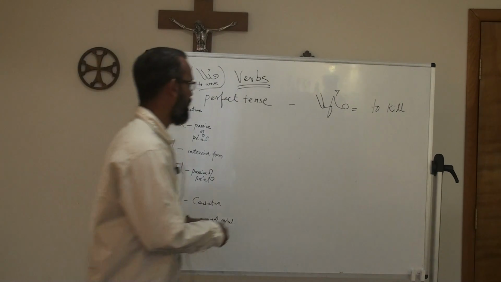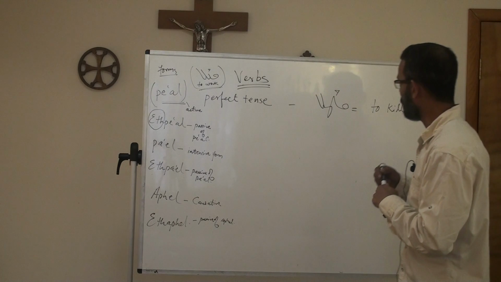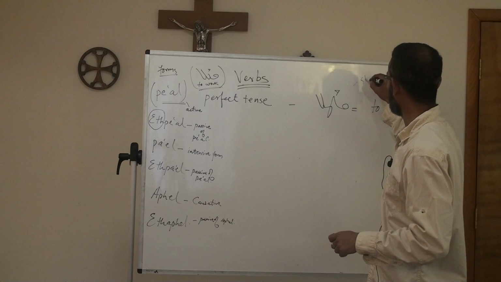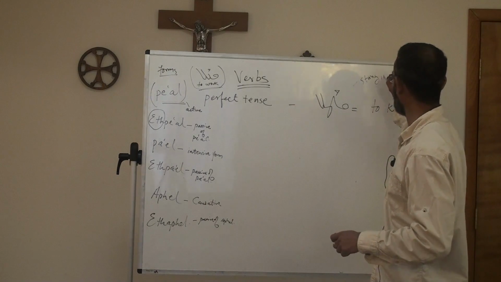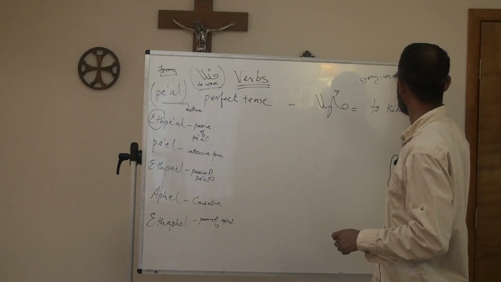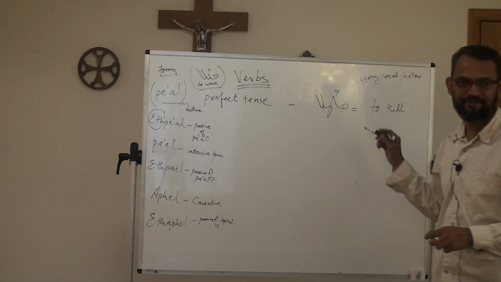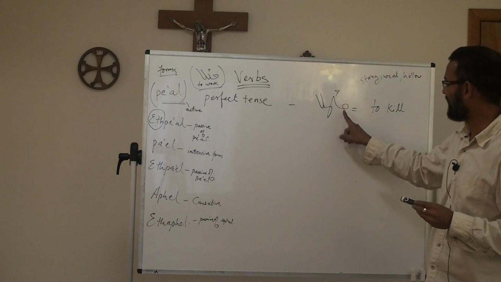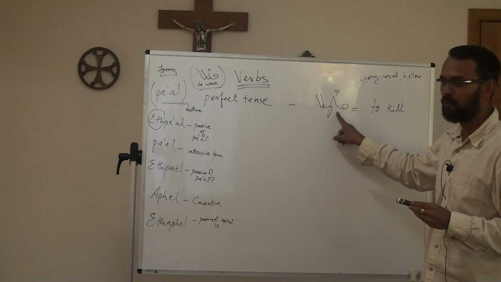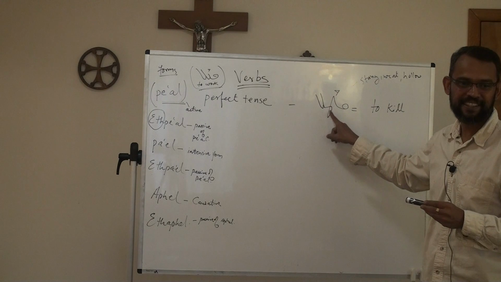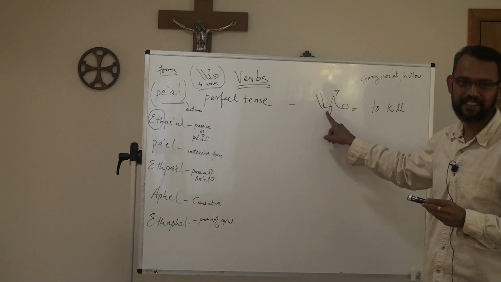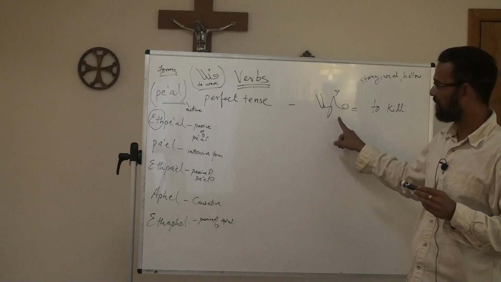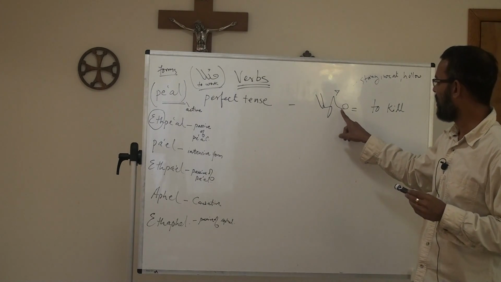See how this peal is formed? The peal form, this is a strong verb. There are different kinds of verbs: strong, weak, hollow, and all. Different types of verbs are there. This is strong because there is no vav or yud anywhere in between. These are the consonants, the strong consonants. So this is called a strong verb.